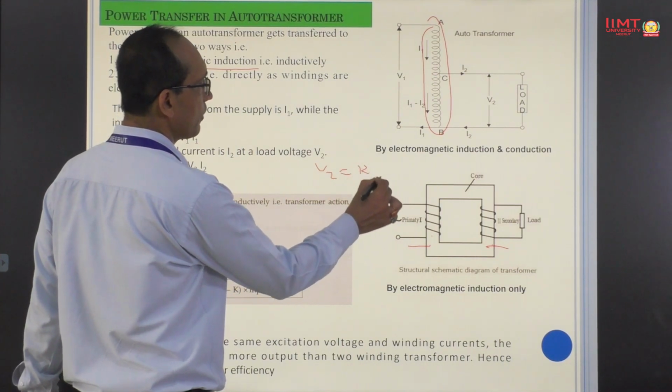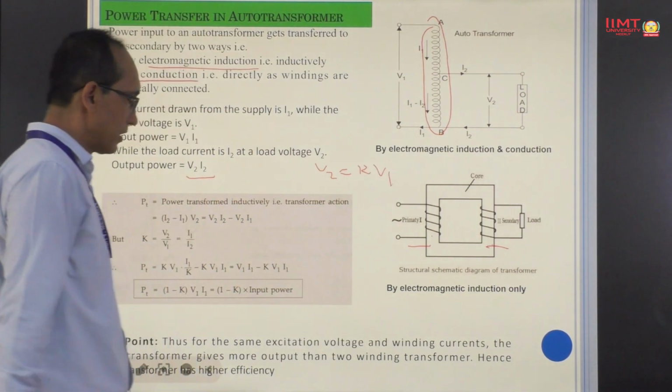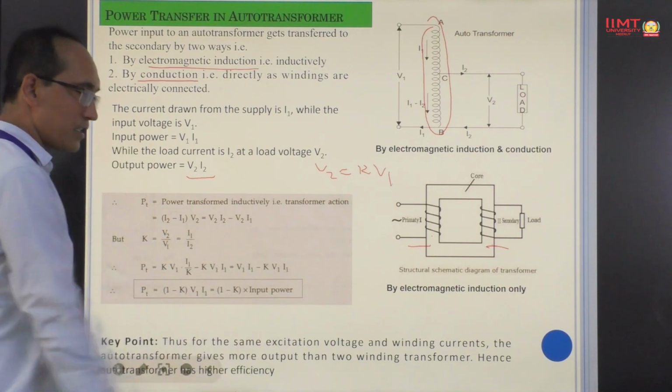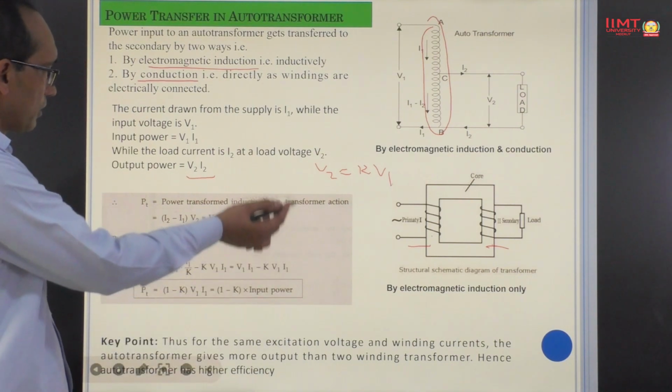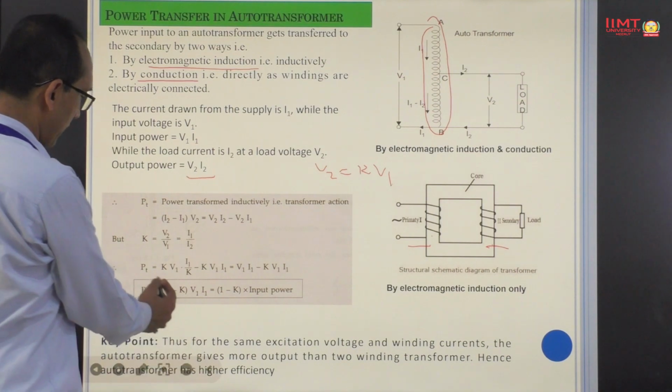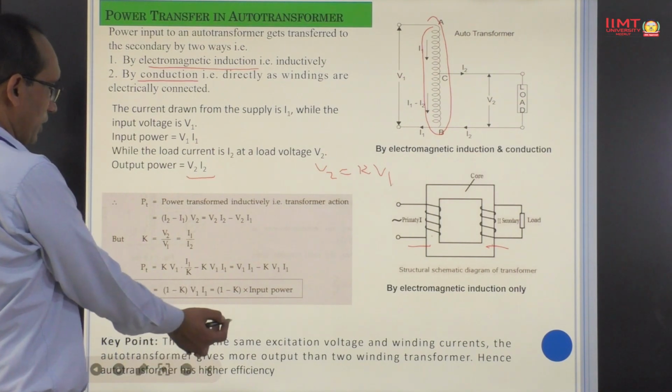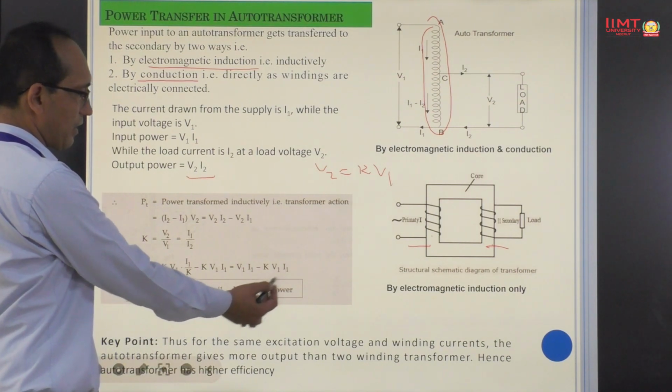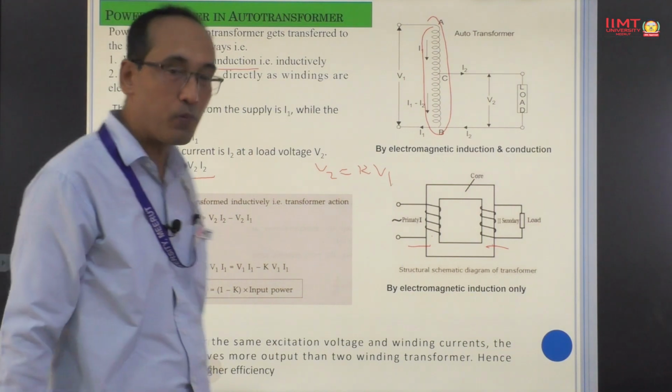And if we replace V2 using the formula V2 equal to K V1, and substitute the secondary voltage, we can easily obtain that the power transferred inductively is equal to (1 minus K) multiplied by the input power.